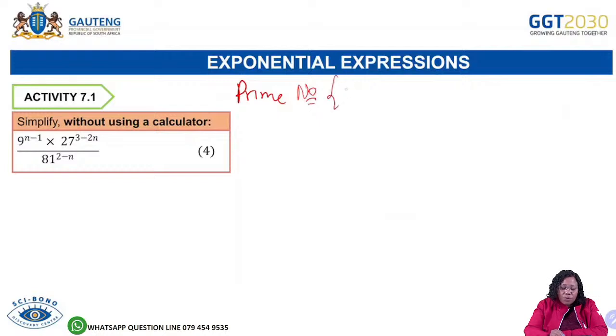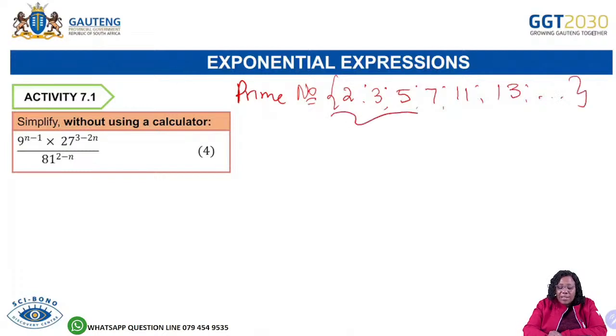They start from 2, and then followed by 3, and then 5, and then we take a 7, and after 7, 8 is not a prime number, 9 is not a prime number, 10 is not a prime number, we go 11, and then we take 13, 12 is not a prime number, and so forth, continue like that. So these are the numbers that we are using as our bases in order to make our life easier in exponents.